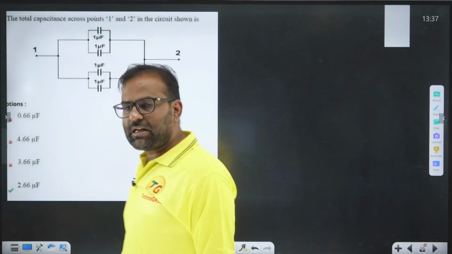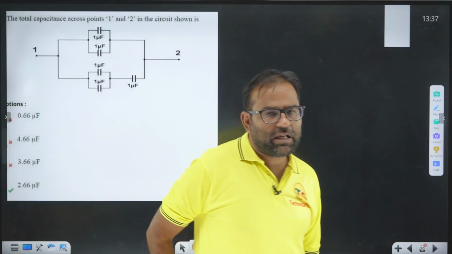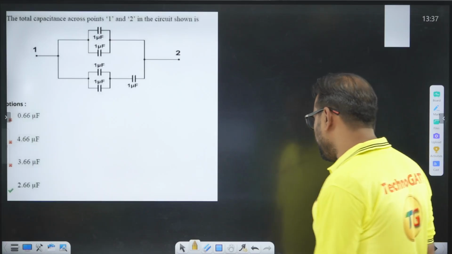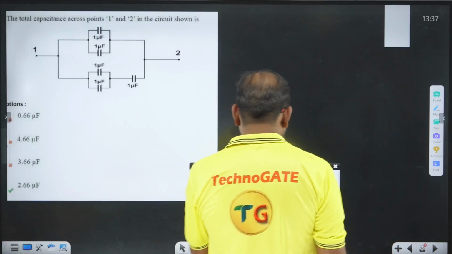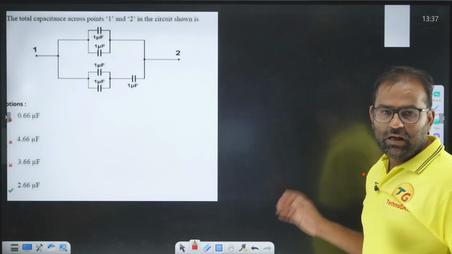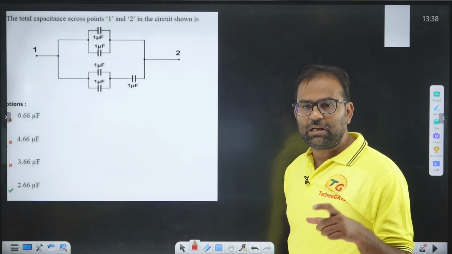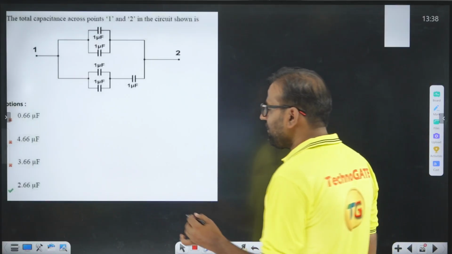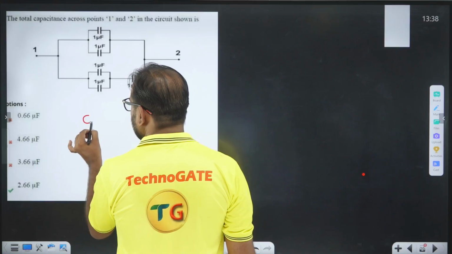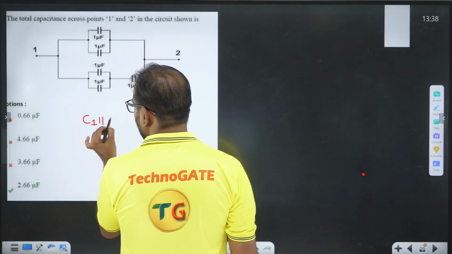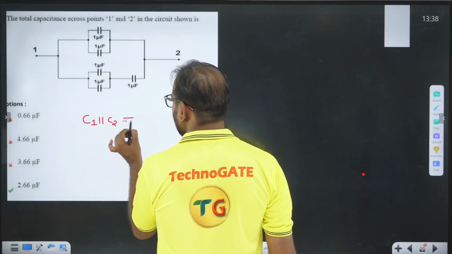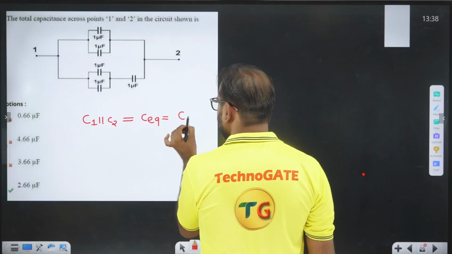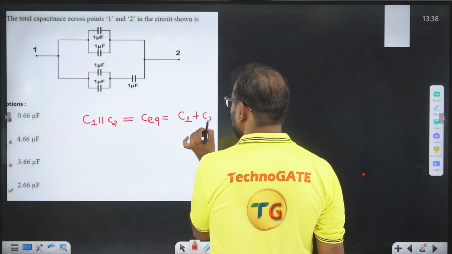Okay, in the next circuit, they are asking for the equivalent capacitance between terminal 1 and terminal 2. So always remember, the effect of capacitance is opposite of what happens to the inductor and resistance. Whenever I say that capacitance C1 is parallel with C2, its equivalent capacitance is given by C1 plus C2, that is opposite of resistance.